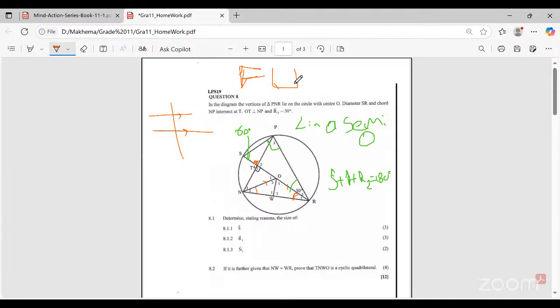Let's say this is A and this is B. For co-interior angles, if you see that U shape, you can't say angle A is equal to angle B, because co-interior angles are not equal. Instead, angle A plus angle B are supplementary, and they sum to 180 degrees. The same applies to alternate angles. You can't apply them if you don't have parallel lines. Therefore, this angle will be equal to that angle.